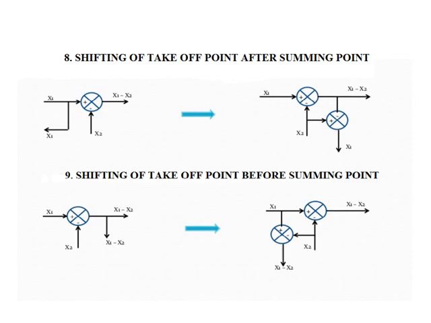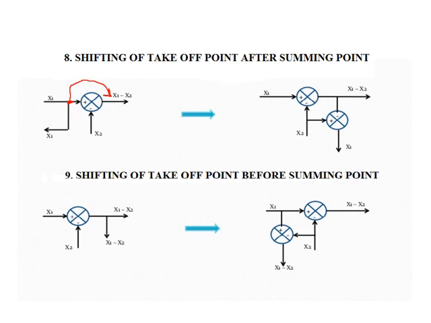But here what exactly are we doing? Why is it called a critical rule? See, rule number 8 is shifting of takeoff point after summing point. What we are doing is shifting the takeoff point after the summing point. In previous rules, we shifted either a summing point or takeoff point across a block, but here we are not shifting according to a block.